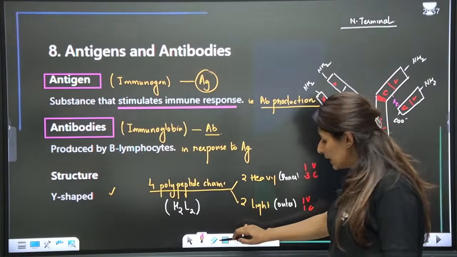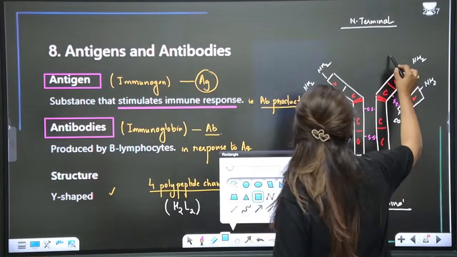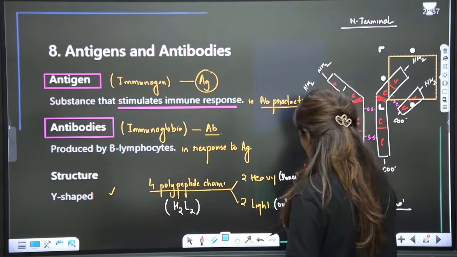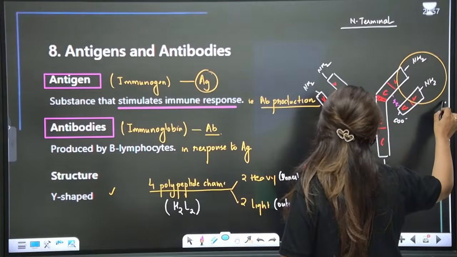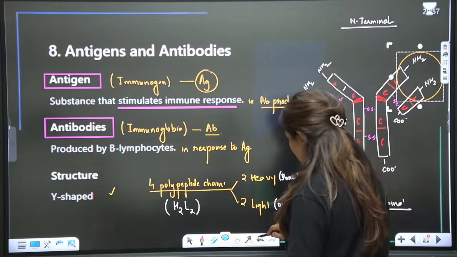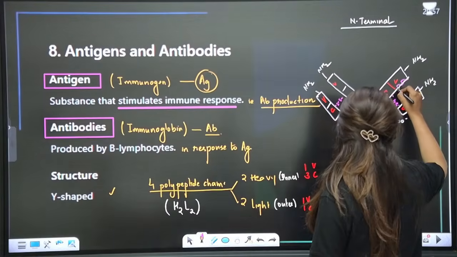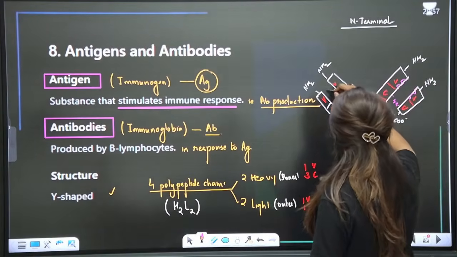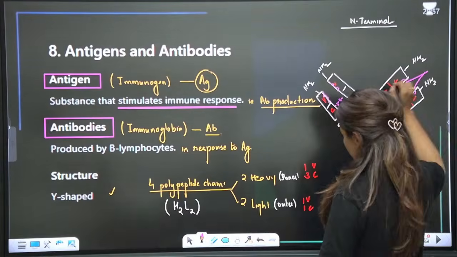Now guys, see carefully here. On this variable side, we have the antigen binding site. This antigen binding site, guys, is called the paratope.